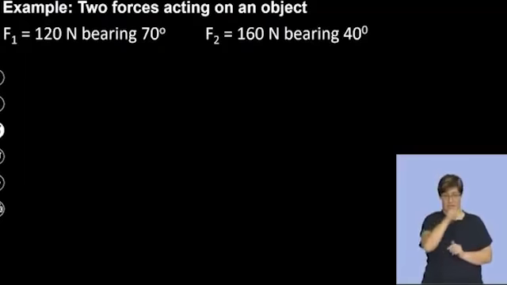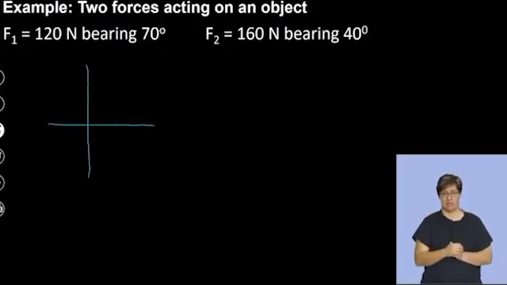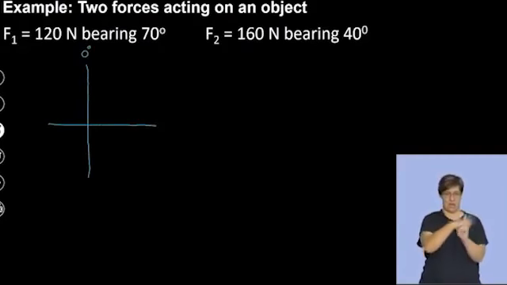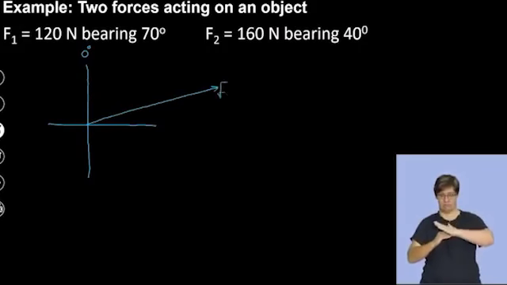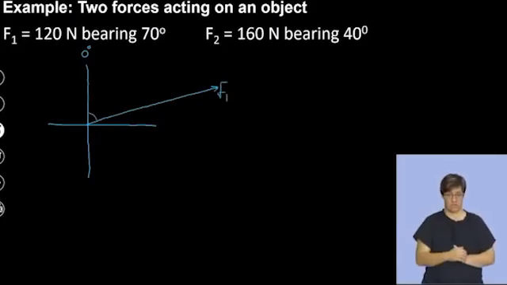So we have this. I'm just going to give my bearing lines. My first force is 120 newtons bearing 70 degrees. So it would be 70 degrees and it's here. So there's my first force, and that angle there is 70.